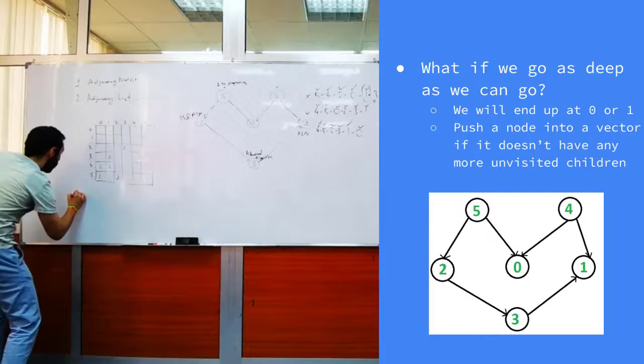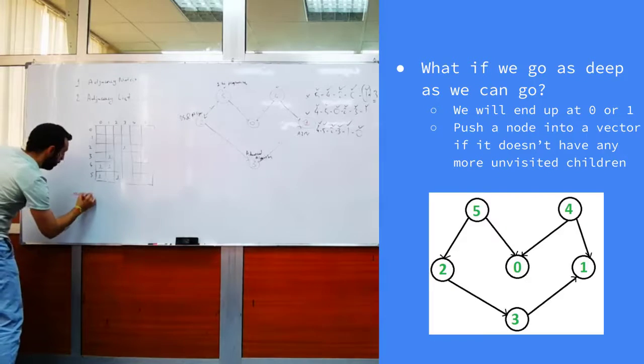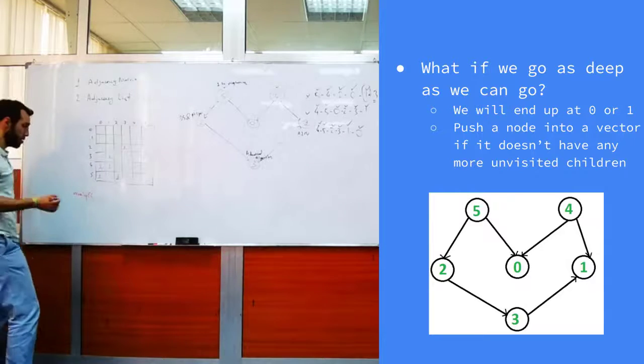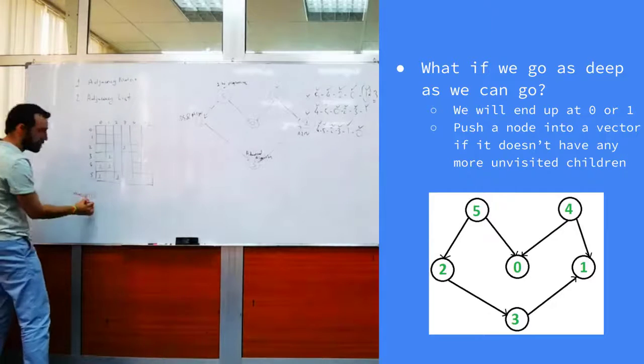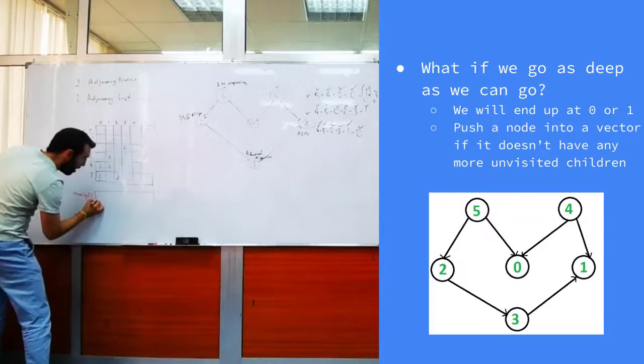So we can have an array called incoming. For the sake of shortness, I'm going to write it like this. EC stands for edge count. And how can we fill this up?